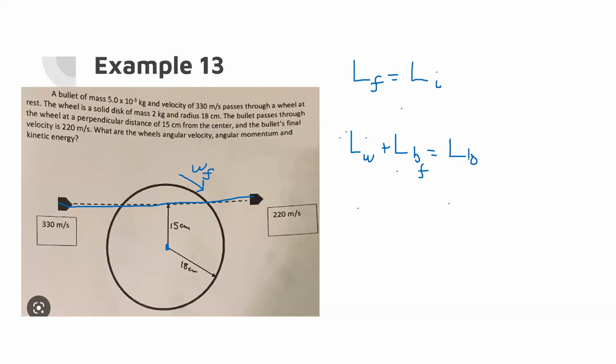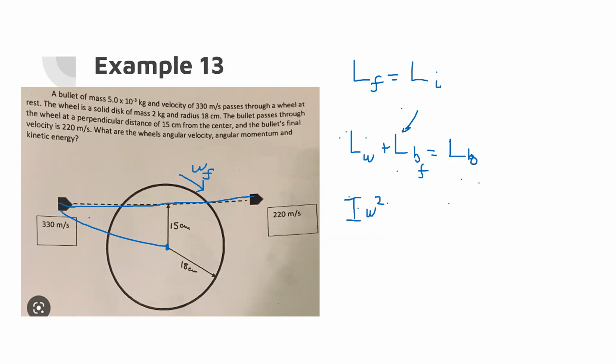This will be initial. And so to do this, the angular momentum of the wheel isn't that hard to do because we can just use our trusty I omega, right? But we can't quite do that for the bullet because it's really hard to define some angular velocity for this bullet.